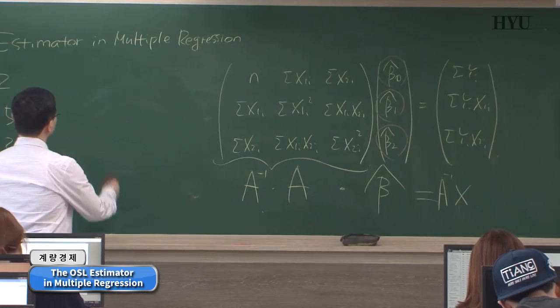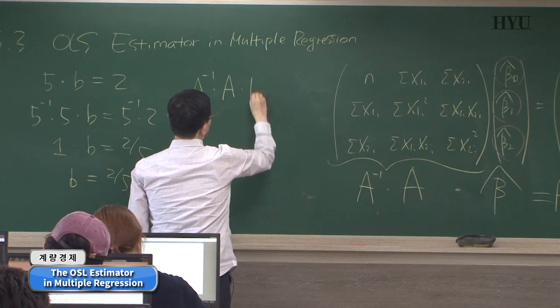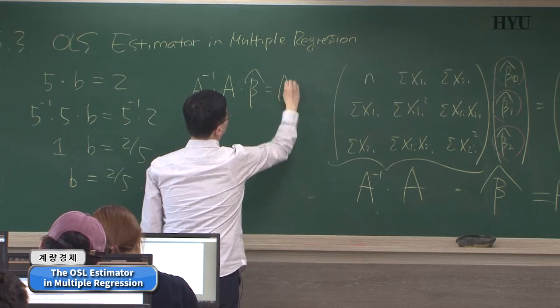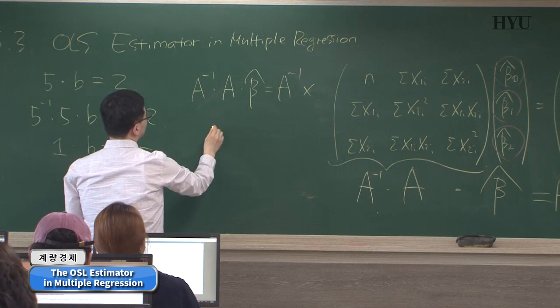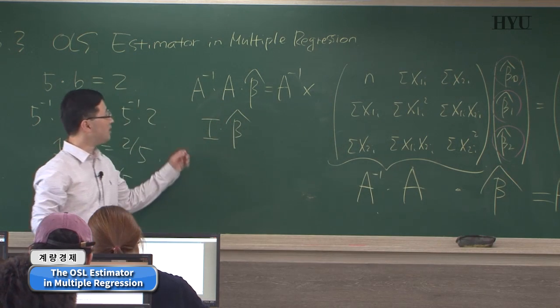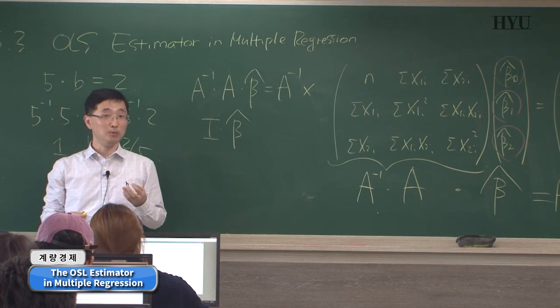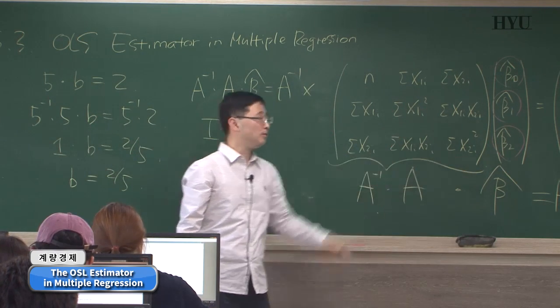So let me rewrite it. Now, A inverse times A is just an identity. This time, it's an identity matrix, which is 1s in the diagonal and 0s otherwise.